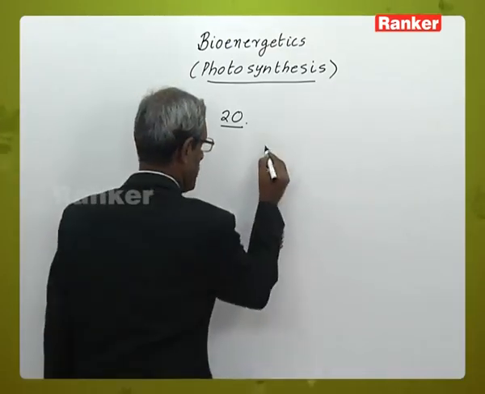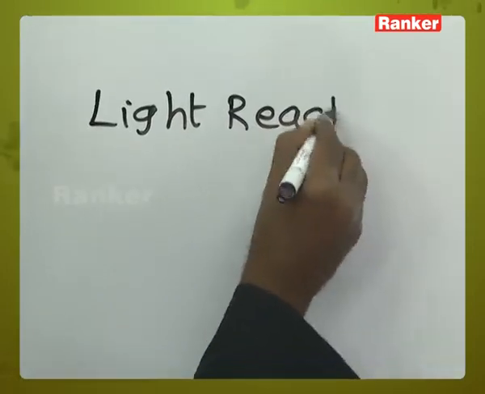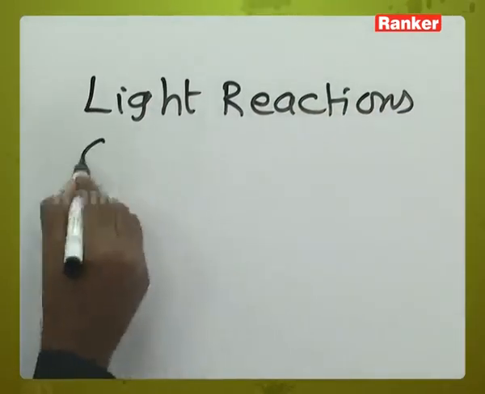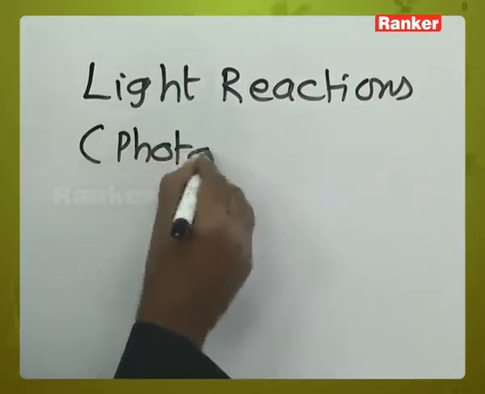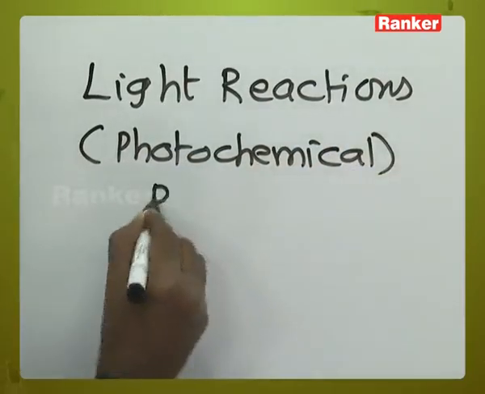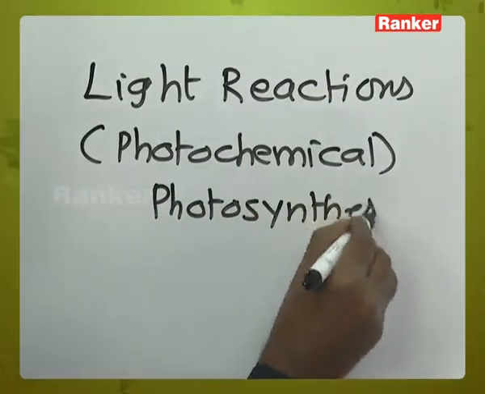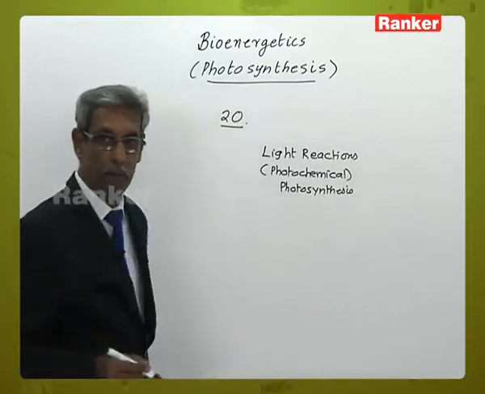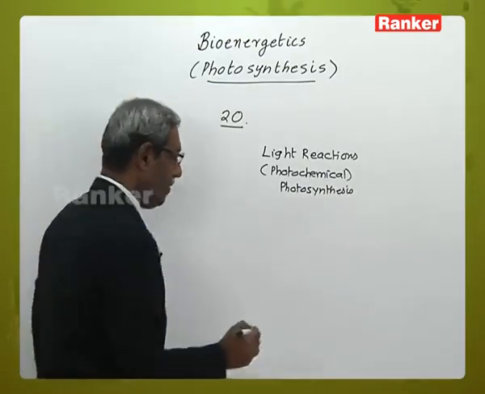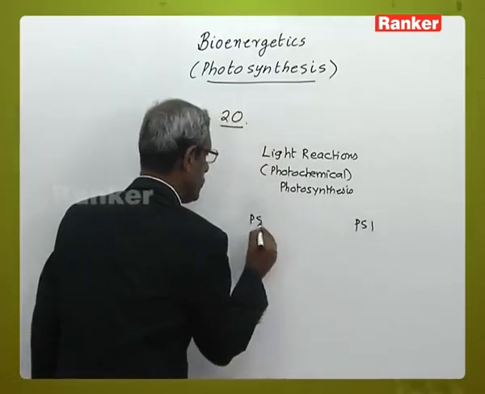When you take the light reactions, or the photochemical reactions in photosynthesis, we understand that we have photosystem 1 and also photosystem 2.